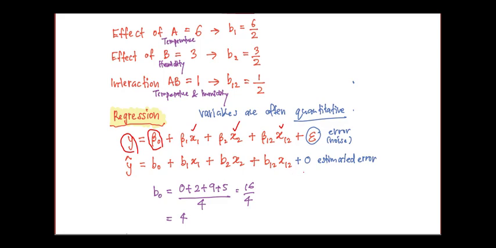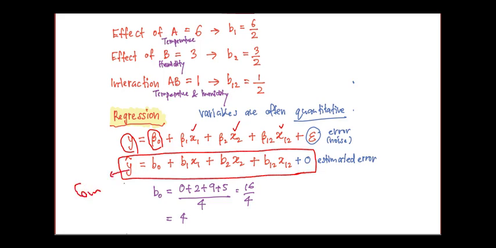But simply, this is our regression equation. For example, this one is comfort level, x1 is A, and x2 is B in our example.